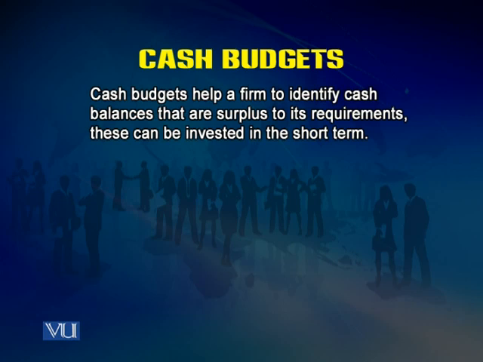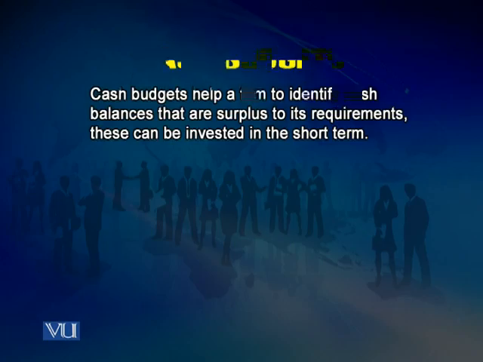These can be invested in the short term. Where short-term balances arise, it would be appropriate to invest those in the short term. Invest those if you expect to hold them for 1 week, to invest them for 1 week. If you expect to hold them for a longer period, then you invest them for that period.